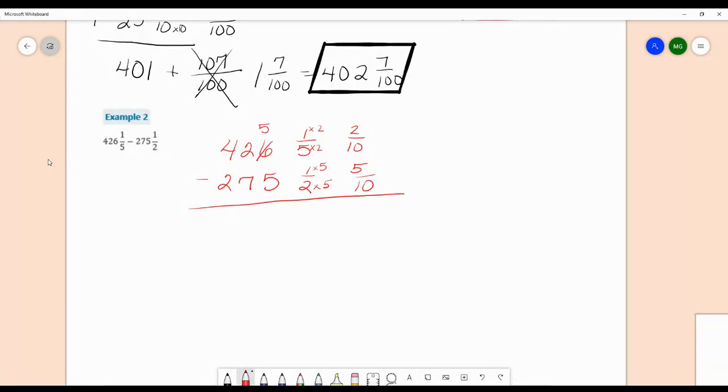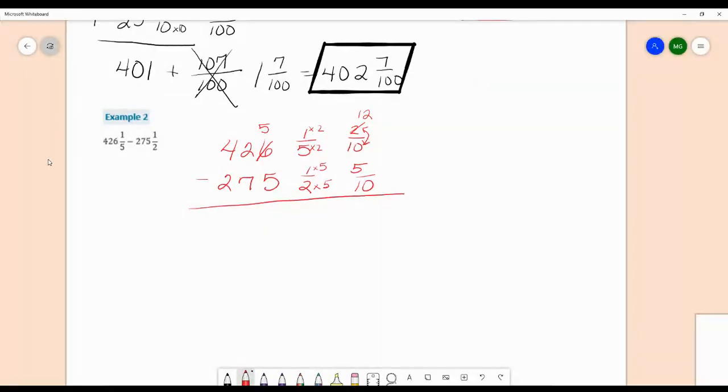But when I borrowed one, we have to add these two numbers together. And the reason we're adding those is because we're talking about objects that have 10 pieces. So if I went and borrowed a pie and it had 10 pieces, when I came back, I already had 2 pieces and I borrowed the one that had 10, so now I have 12 pieces.